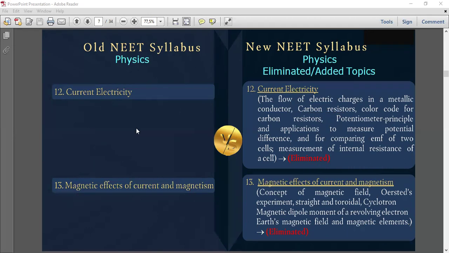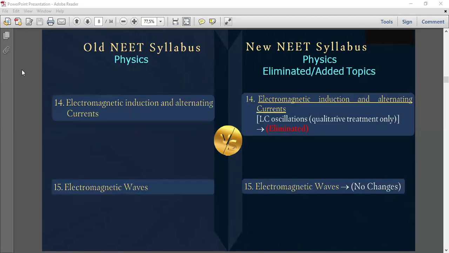Next, electromagnetic induction and alternating currents: oscillations, LC oscillation, qualitative treatment only, was eliminated, and there are no changes in electromagnetic waves.